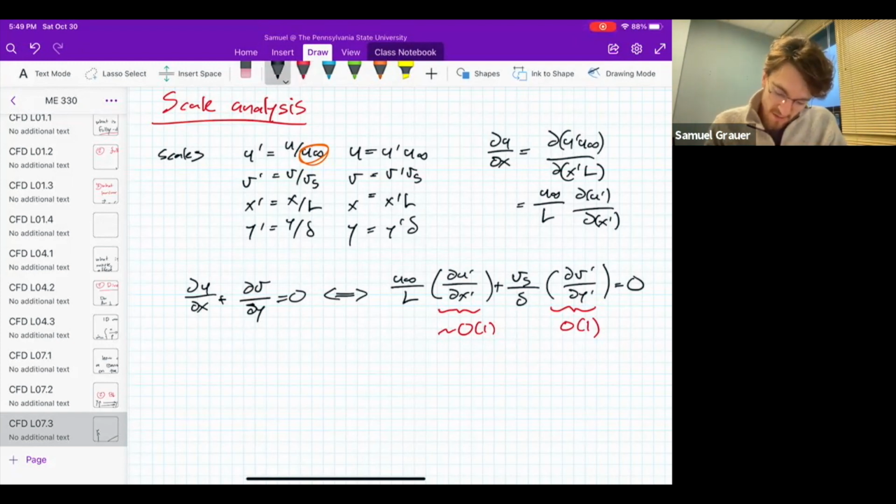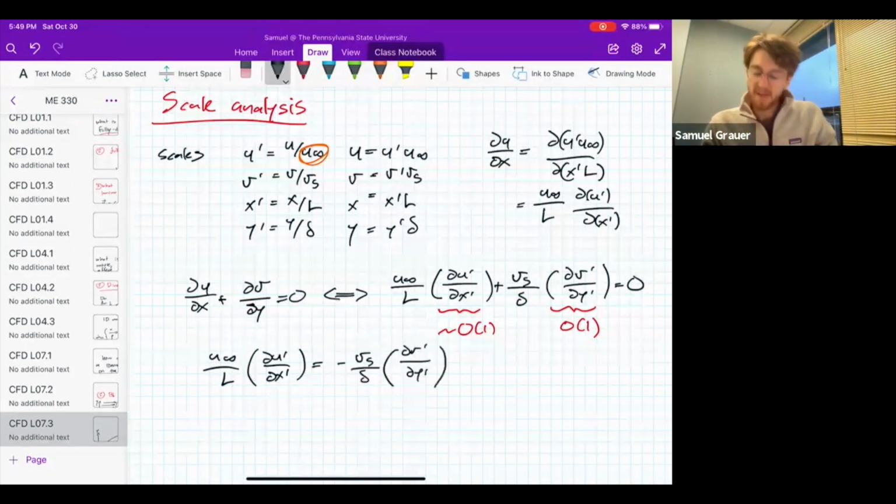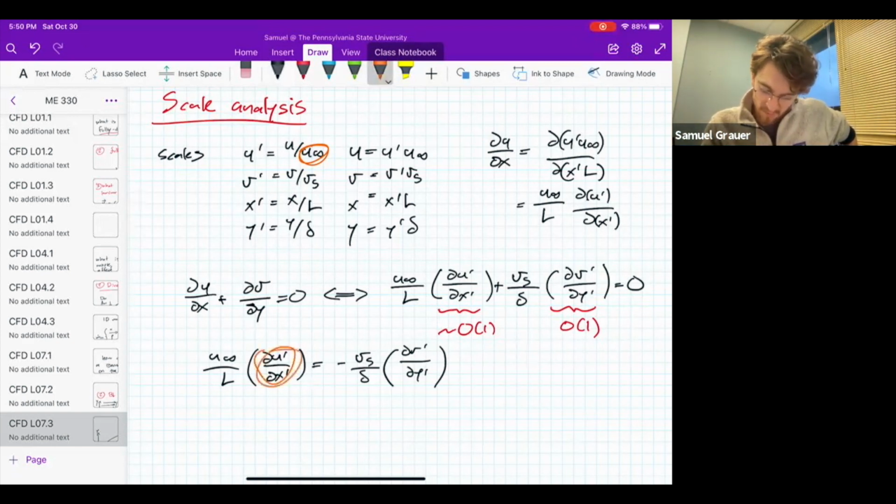So in this case, we can say that u infinity over L times du prime/dx prime is equal to negative vs over delta times dv prime/dy prime. Now, the left and right-hand side of this equation have to be equal, but it's not necessarily equal to 1. What is equal to 1 are the values inside the brackets. Those are approximately 1, like we've been saying.